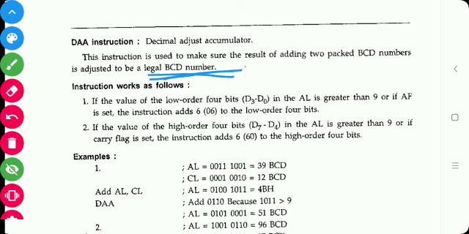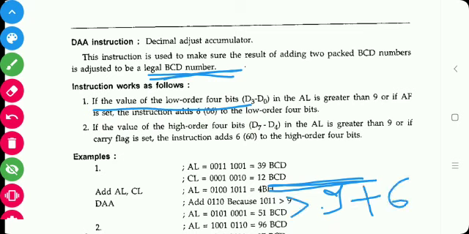After addition, if the value of the lower order 4 bits is greater than 9, then it adds 6 to the lower order 4 bits. If the higher order 4 bits are greater than 9, then it adds 6 to the higher order 4 bits. This is how the DAA instruction works.